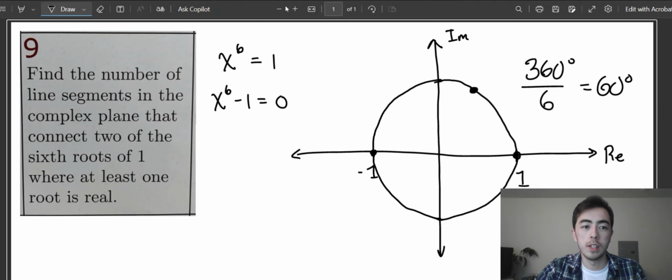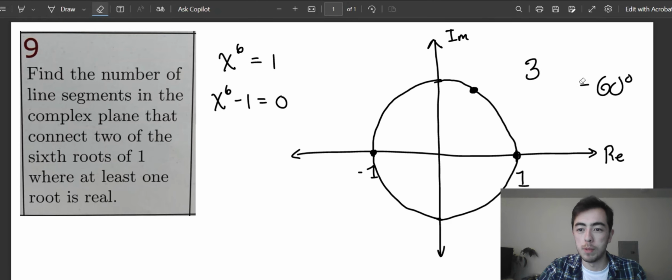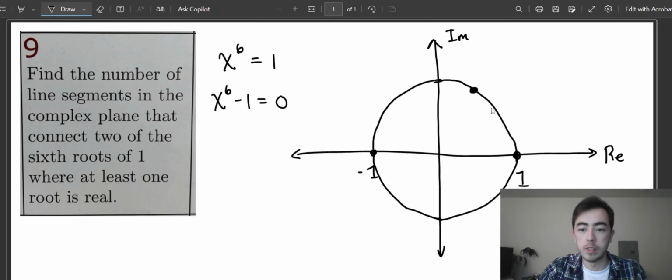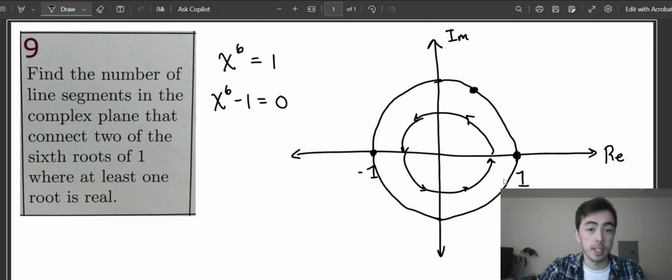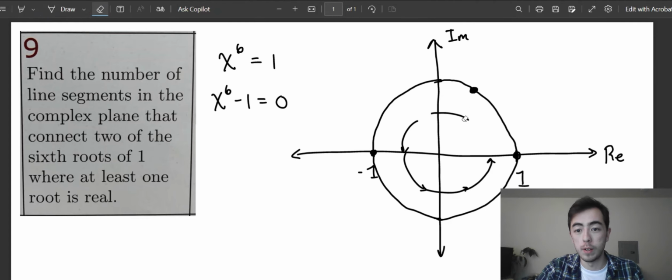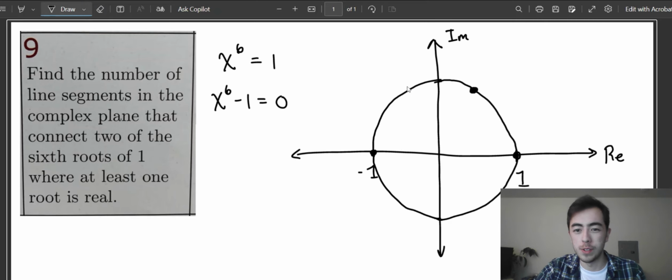That's going to be right around here. And if you imagine thinking about powers of complex numbers as rotations, then you can see that the first power will bring me here. The second one will be here. Third, fourth, fifth, and then finally the sixth will bring me back to the number 1. And I kind of actually just traced out all the other solutions. There's going to be another one here.